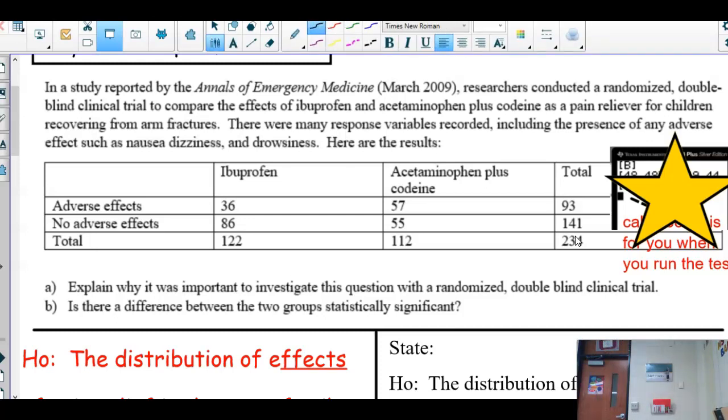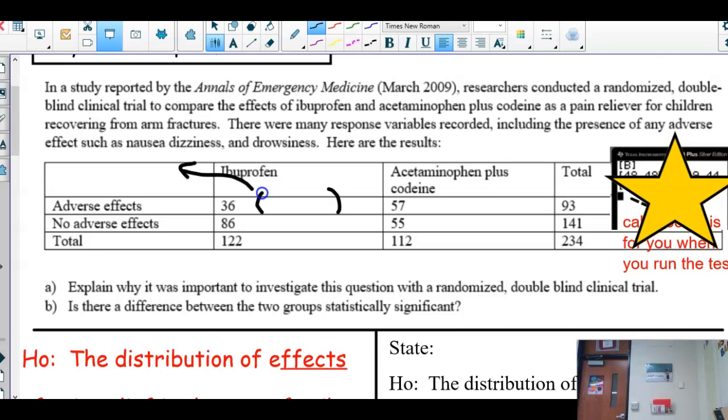We have our row total for adverse effects is 93. We have our column total for ibuprofen is 122. So in order to find the expected count right here, I'll just do the work over here. I'm not going to always show the work, I'll just talk through it.